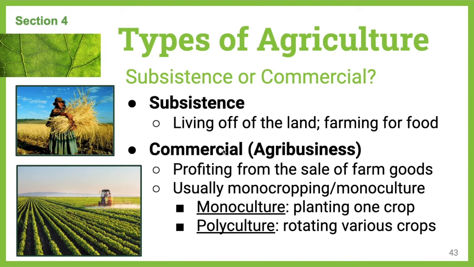It's business. Usually getting very, very good at farming one or two particular crops. This is what's known as monoculture, planting one crop over and over. Polyculture, on the other hand, will be rotating through various crops. But this is commercial agriculture, profiting from the sale of farm goods.